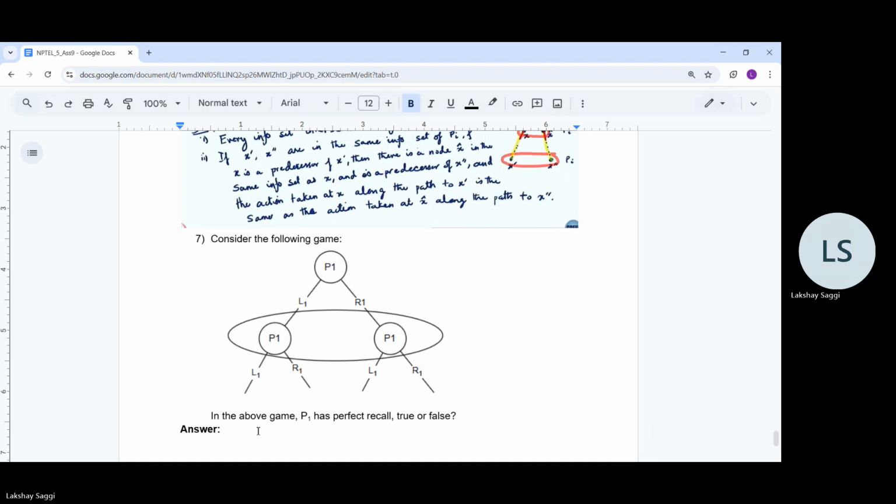So actually, this game does not have perfect recall. P1 does not have it. So the answer to this is false, as condition 2 of perfect recall is not satisfied here.